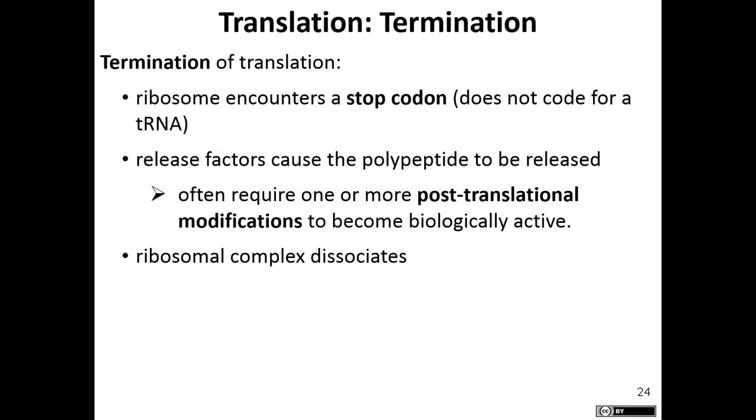Sometimes this is going to require extra modifications to the protein. Maybe iron's going to be bound, maybe we're going to have carbohydrates bound, whatever it is. And that's going to make that protein now a more functional protein.